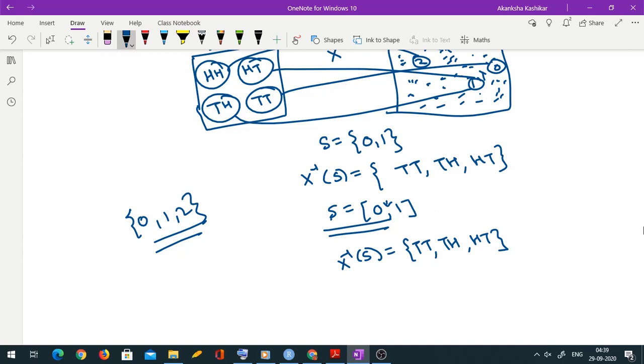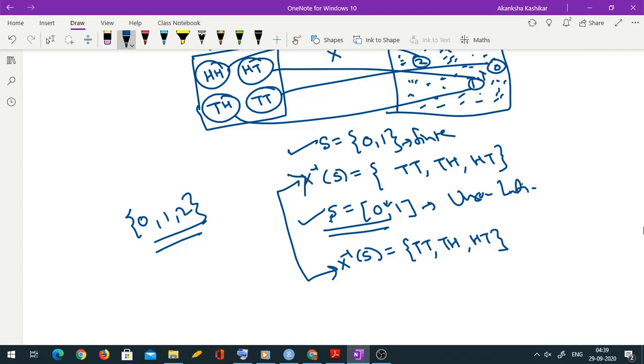So I have two sets which are completely distinct. This is a finite set consisting of only 2 elements, whereas this is an uncountably infinite set. Still both of them end up getting the same inverse image.